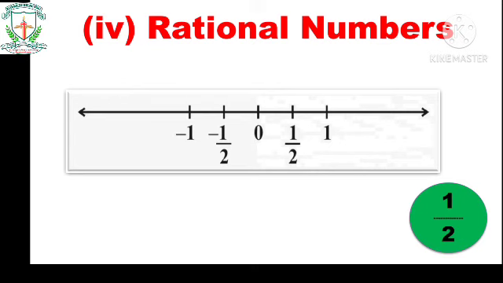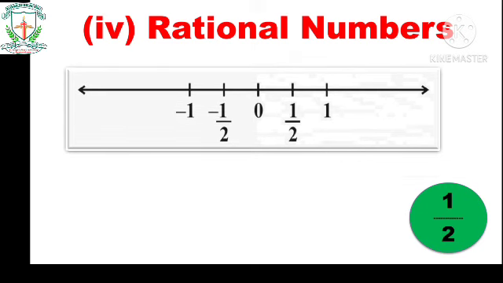Here you can observe the numerator is less than the denominator. First we see how to plot 1 by 2. The numerator 1 is less than the denominator 2. When the numerator is less than the denominator, the positive rational number will be between 0 and 1.